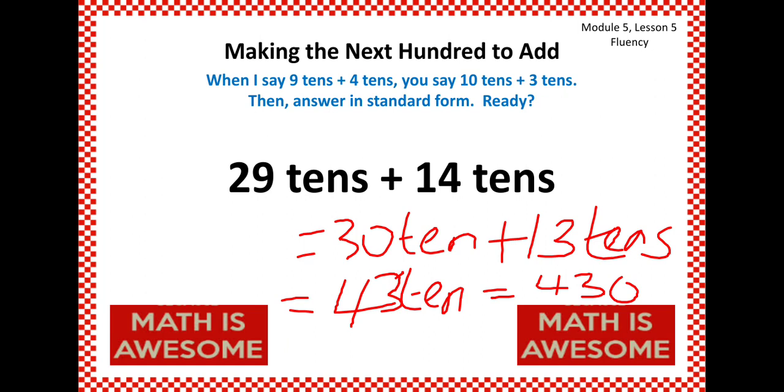Same thing here. 29 tens plus 40 tens is equal to 30 tens plus 13 tens, which is equal to 43 tens. 43 tens in standard form is 430.